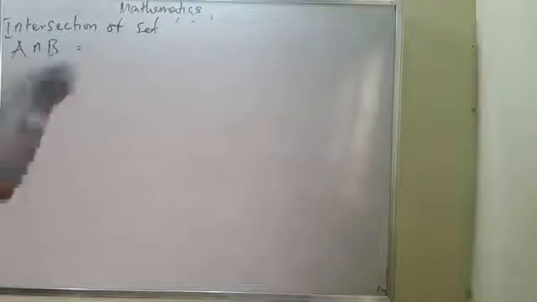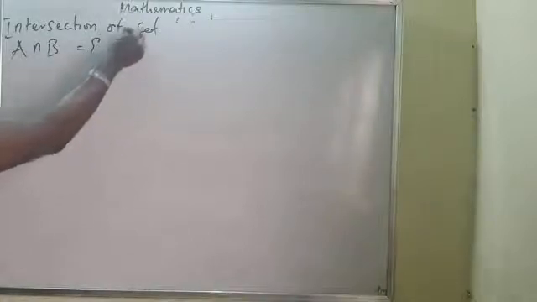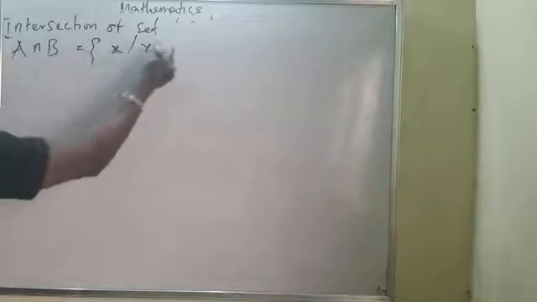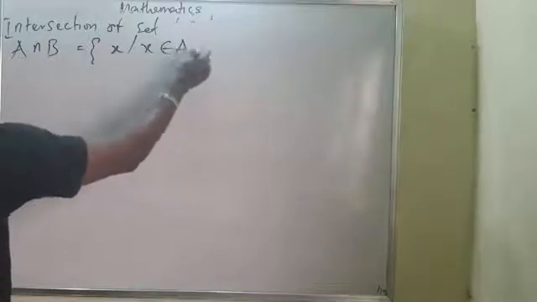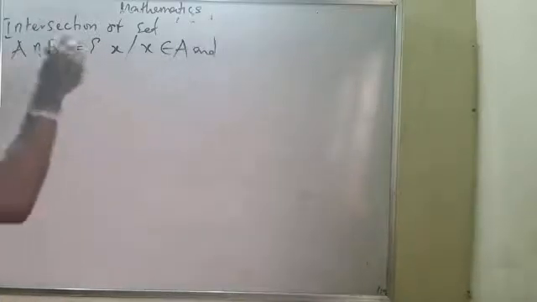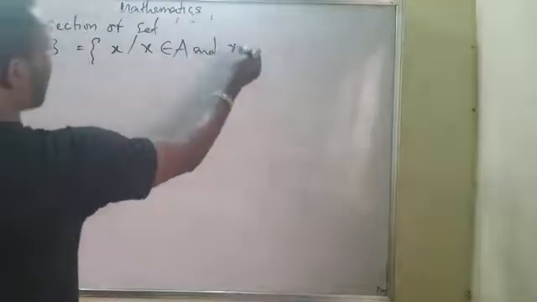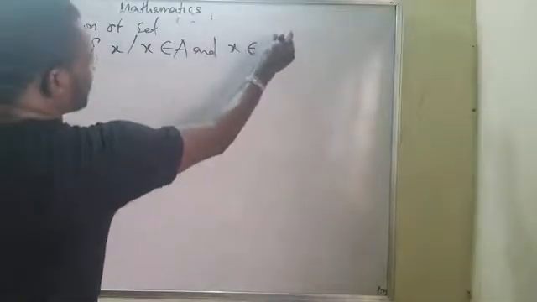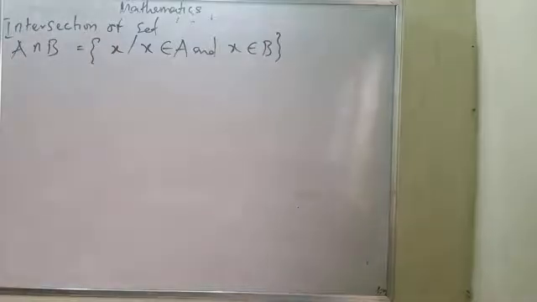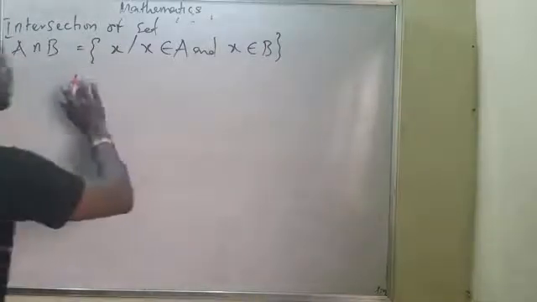Now, as a statement in topology, x such that x belongs to A and x belongs to B. That is what we are talking about. It is an intersection.